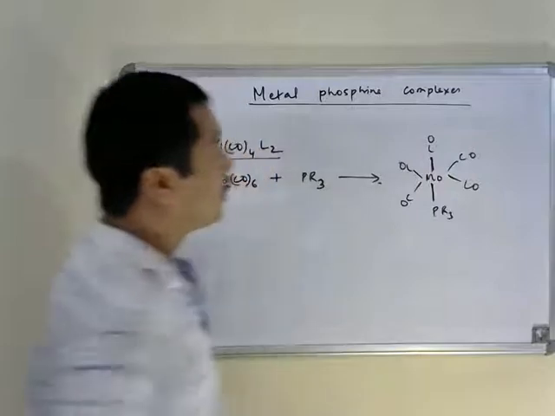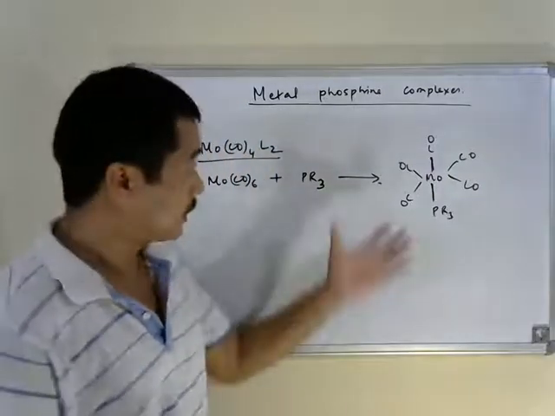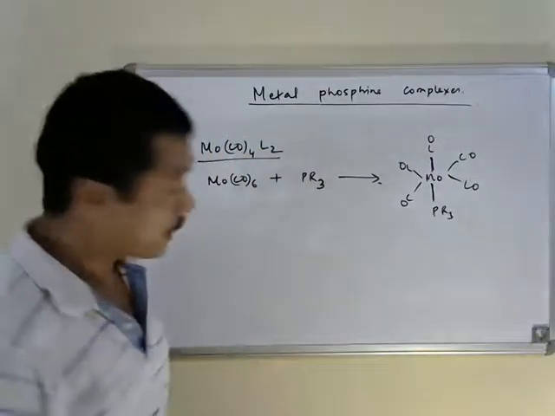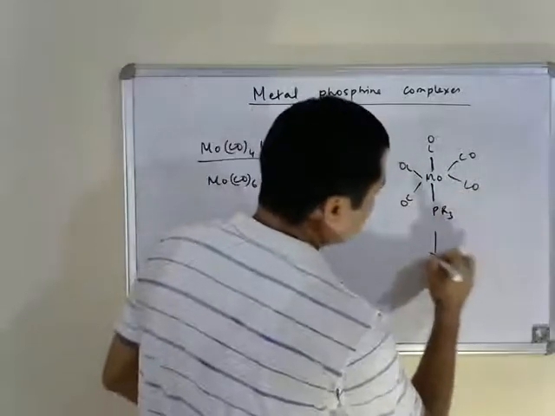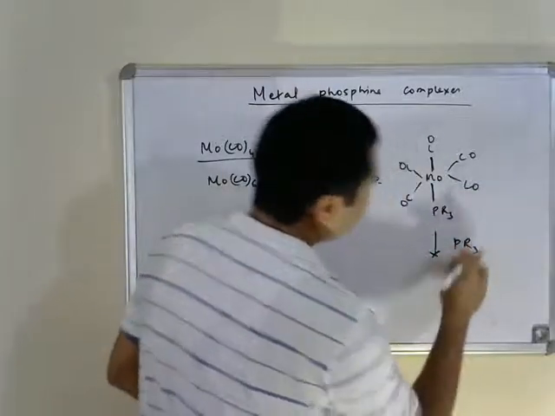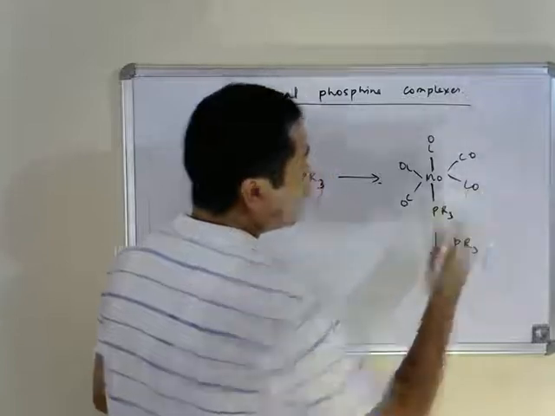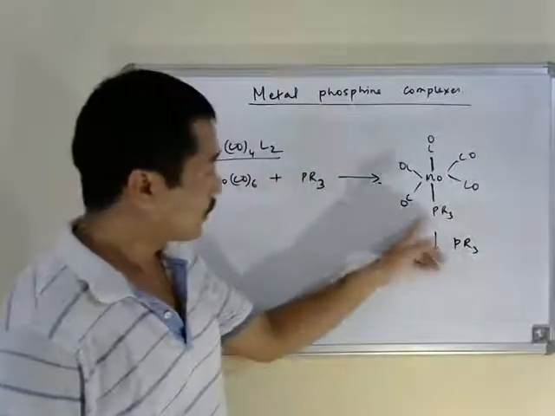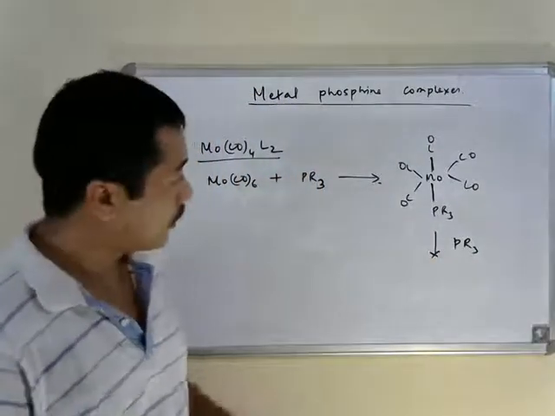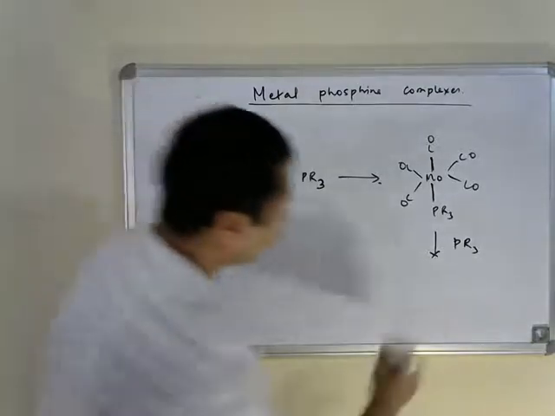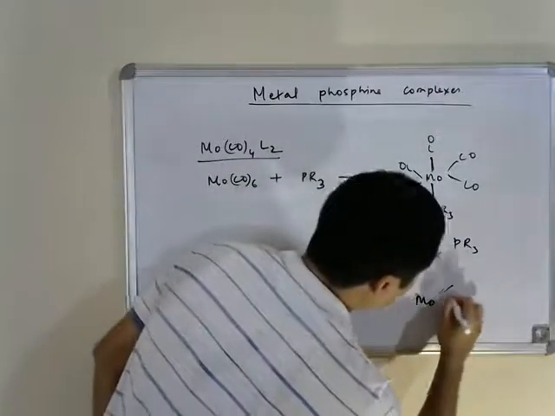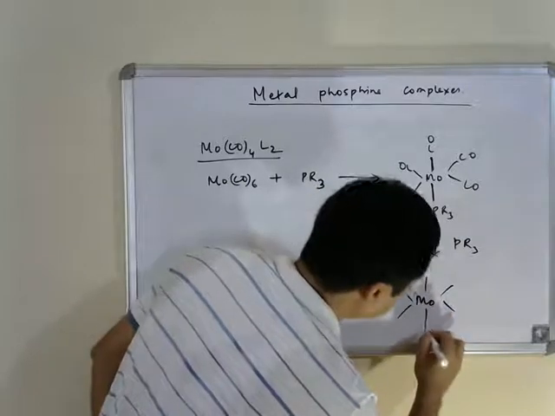This particular metal carbon bond is strengthened, and one expects that when we add the next phosphine ligand, one of the carbonyl ligands which is cis to the initial phosphine ligand will be replaced, and one will obtain a cis complex.